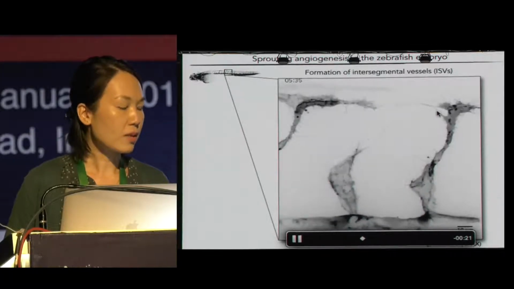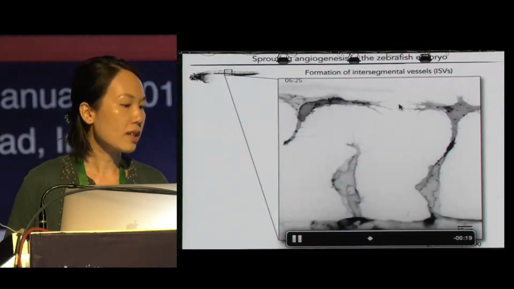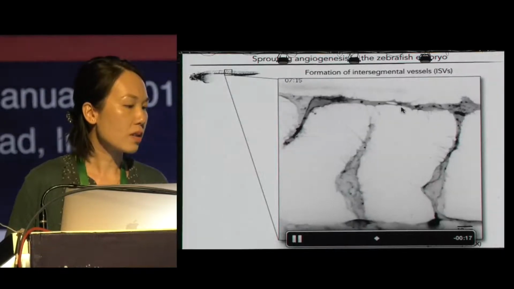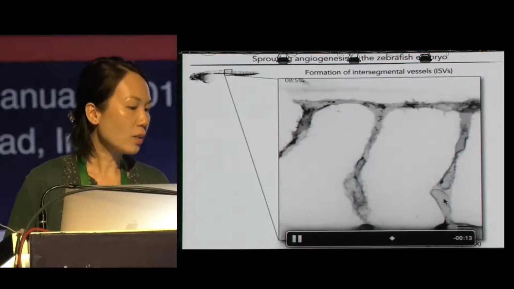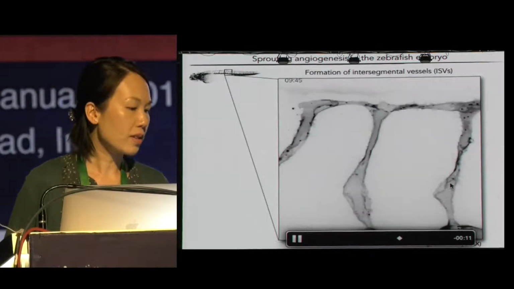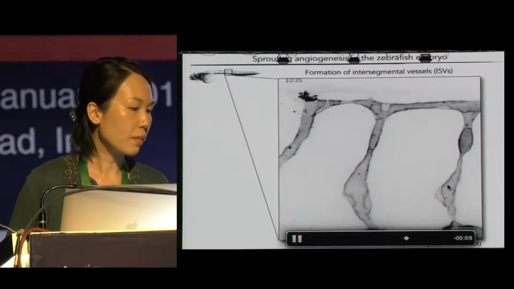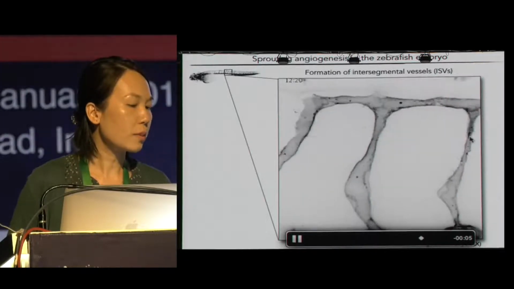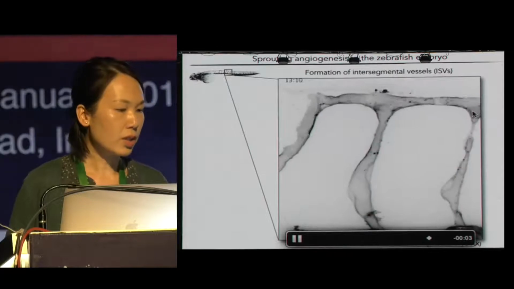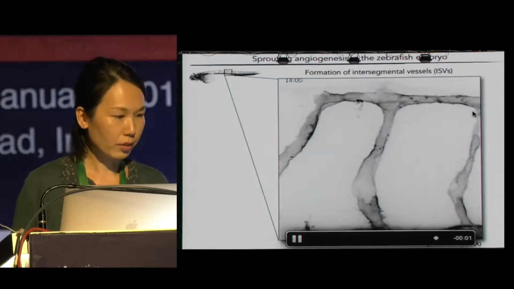Endothelial cells also use filopodia to initiate fusion, or anastomosis, as you can see. And you can also see how dynamic the apical membrane is. The apical membrane is the inner membrane here, and you can see the dynamics of lumen formation through the blood vessel in angiogenic blood vessels.